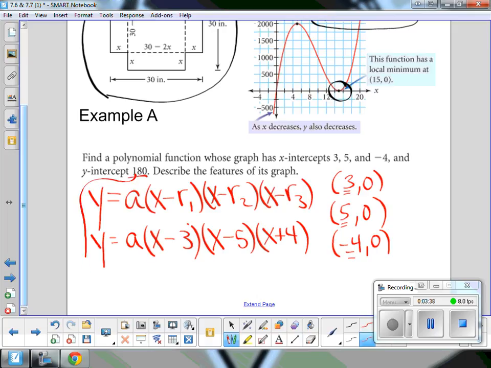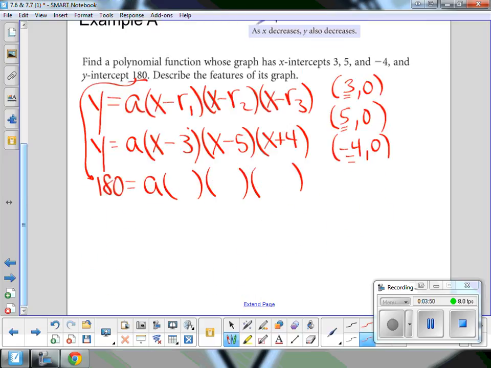What it means is when y is 180, so we're replacing y with 180, x is 0. Well, if x was 0, 0 minus 3, 0 minus 5, 0 plus 4. So we have -3 times -5, that's 15, times 4. 15 times 4 is 60.